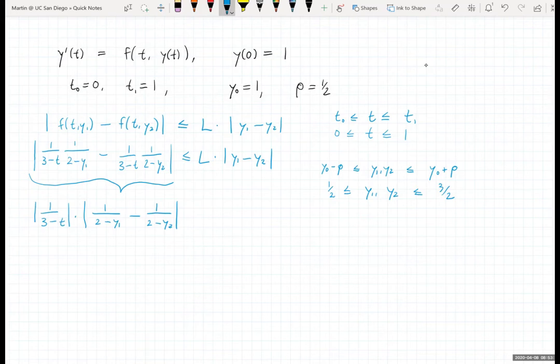So I can again apply the fundamental theorem of calculus. For this last part, I get that it's the same as the absolute value of the integral from y1 up to y2 of the derivative of the function, which happens to be minus 1 over 2 minus z squared, dz.